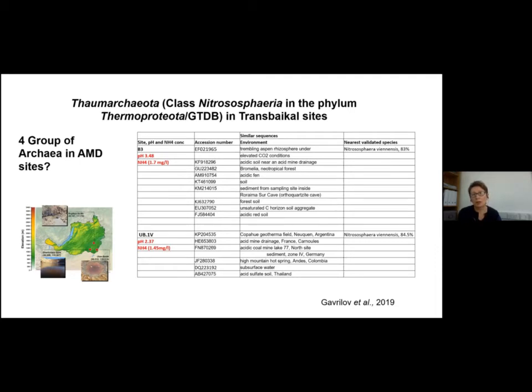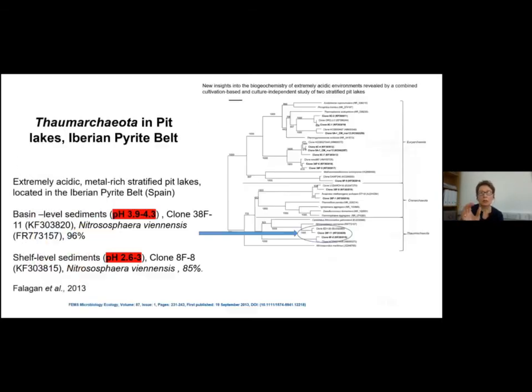And we found some organisms belonging to this phylum in our metagenomic data from the Transbaikal area. Taumarchaeota were also previously shown to inhabit a pit lake in the Iberian Pyrite Belt in Spain.